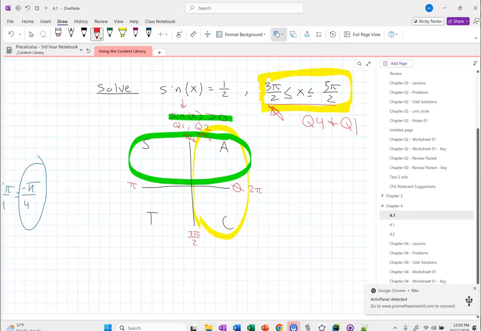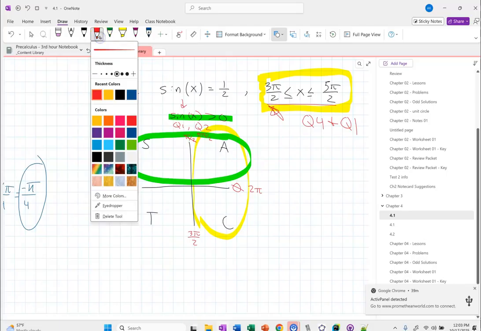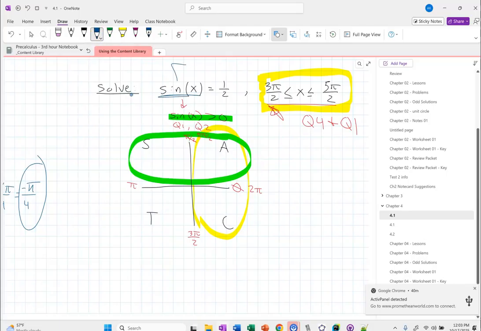Where does my answer have to fall in? What location satisfies both the green and the yellow? Quadrant 1, right? That's where my answer is going to be. I've now narrowed it down to one specific quadrant to search in. Because we're looking at sine, what am I looking for in Q1?